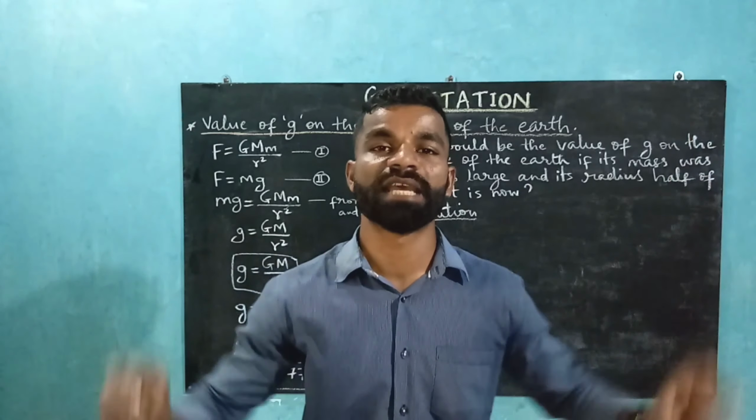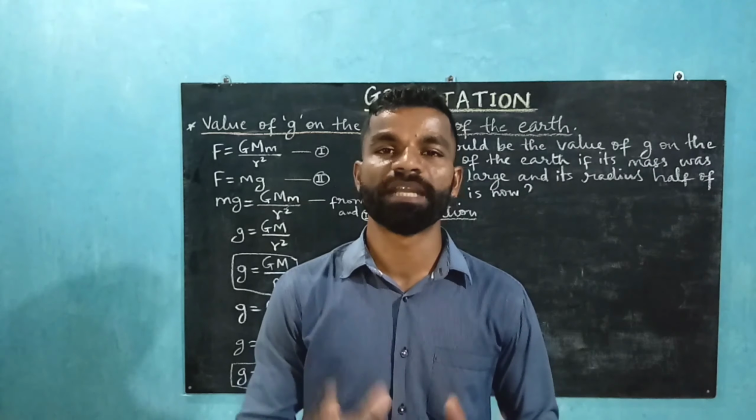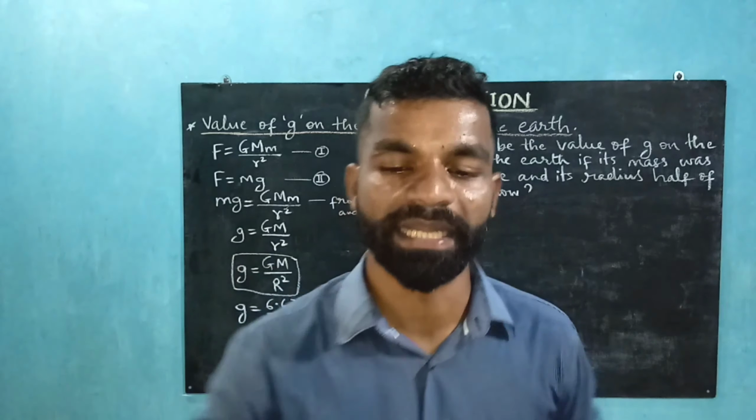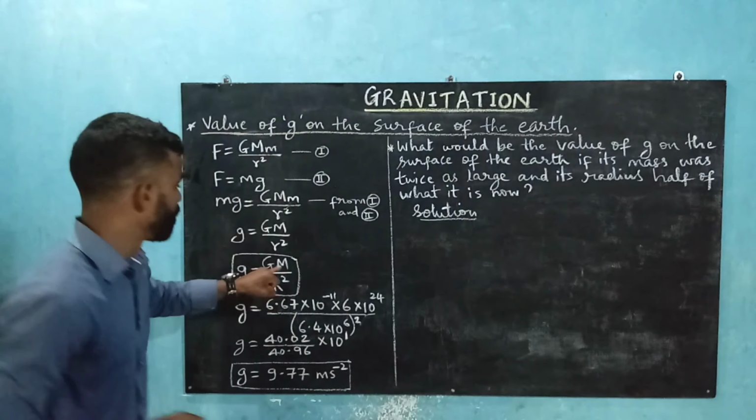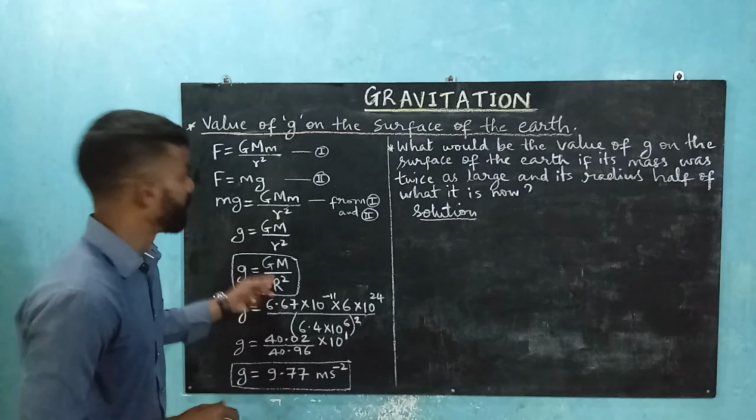It will travel with the same velocity because acceleration due to gravity does not depend on the mass of the object. It depends only on the mass of the earth and the distance from the center of the earth.